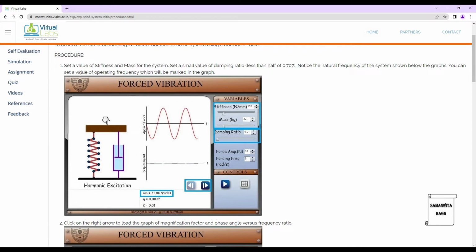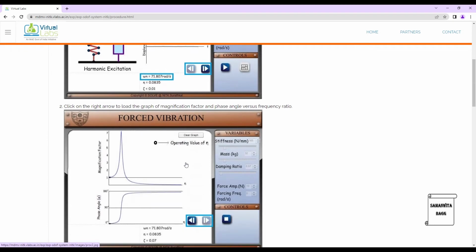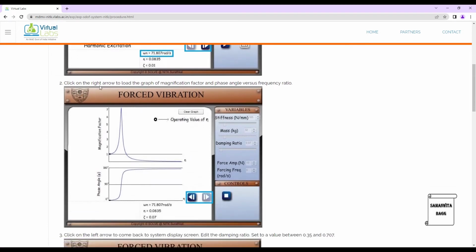You can set a value of operating frequency which will be marked in the graph. So this is one parameter which you can change and get the solution. Click on the right arrow to load the graph of magnification factor. You can see here, there will be a particular arrow.